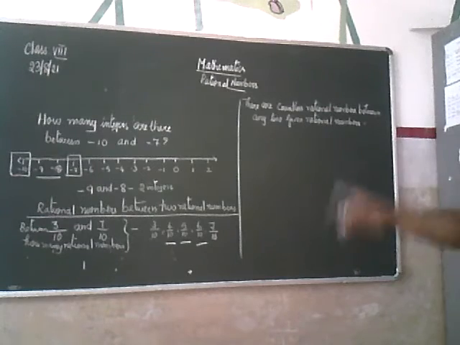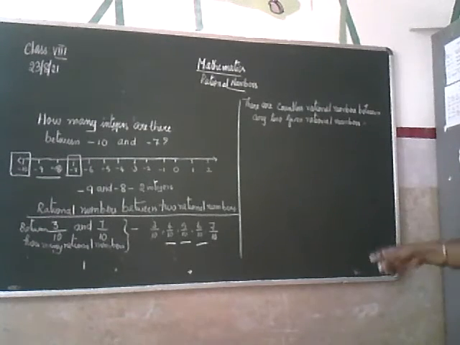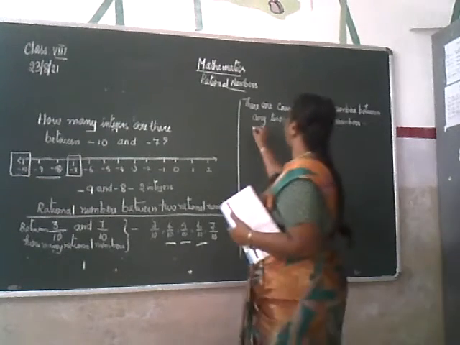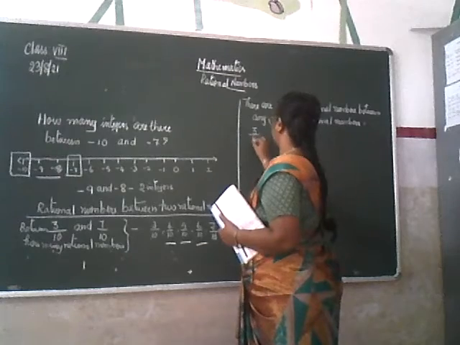Then how will you write between 3 by 10 and 7 by 10? There are 3 only? No, you can multiply both numerator and denominator by 10.